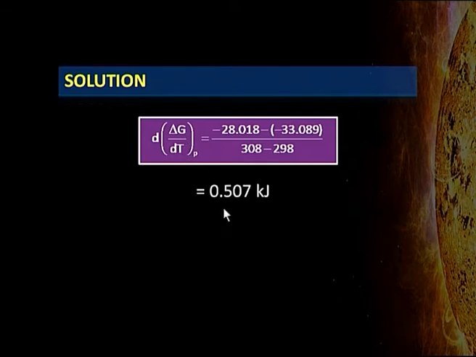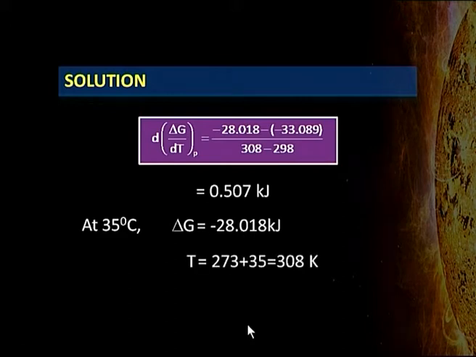0.507 kilojoules. Now, according to the problem, at 35 degrees Celsius, delta G is equal to minus 28.018 kilojoules and T will be equal to 35 degrees Celsius, which is equal to 308 Kelvin.